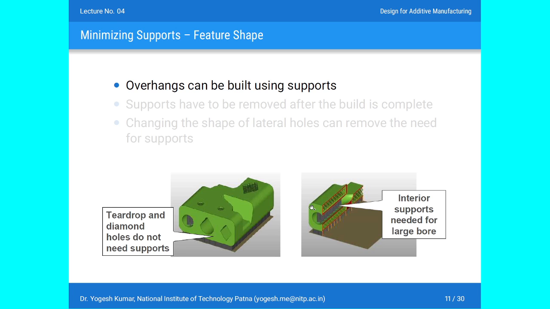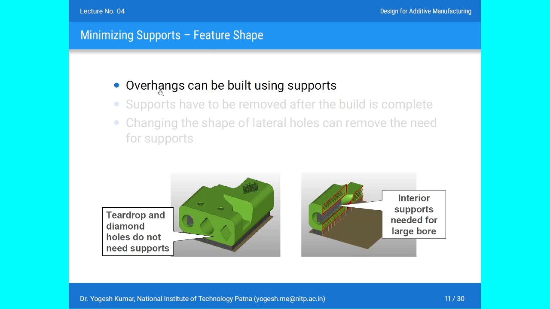But anyhow, this support material is going to waste, so we need to minimize the support. We need to orient the component in such a way that there is very little requirement for support. That is the ultimate aim: to minimize the support required during printing.